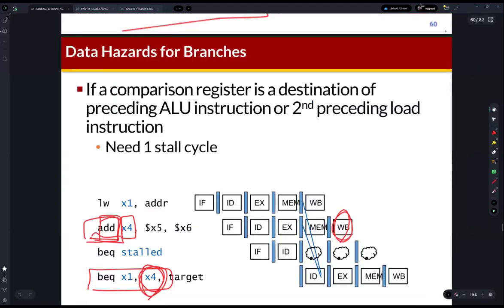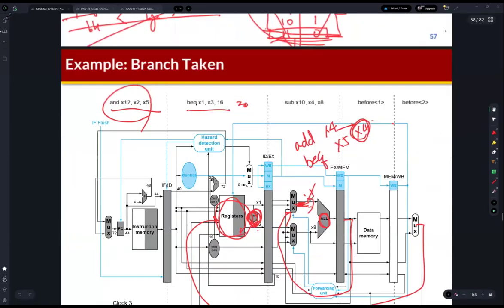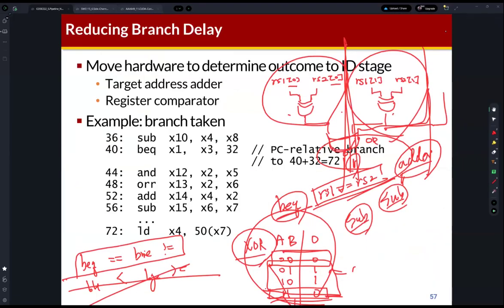Okay, so we are learning how to reduce the performance drop by hazard in pipeline architecture. In the previous class, we learned how to handle control hazard. So you need to understand why control hazards are caused. Why are clock cycles wasted by branch instructions?